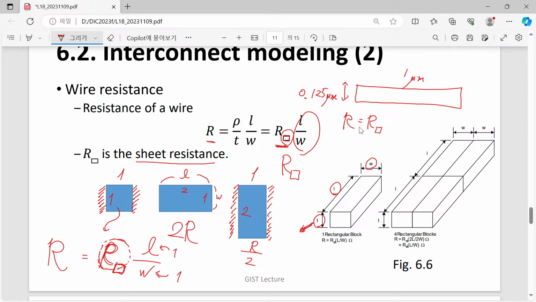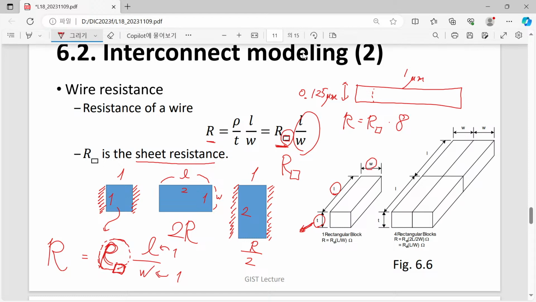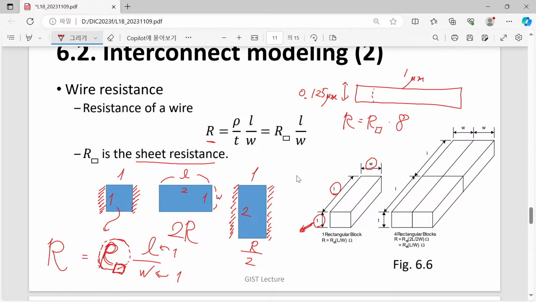Obviously, this is just 8 squares serially connected, so you will have the number 8. Are you with me? It is quite intuitive. When you look at a certain layout, you can see the ratio between length and width, and that will give you an estimation of your resistance.